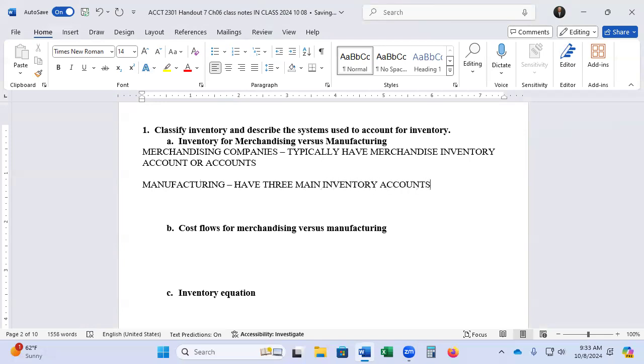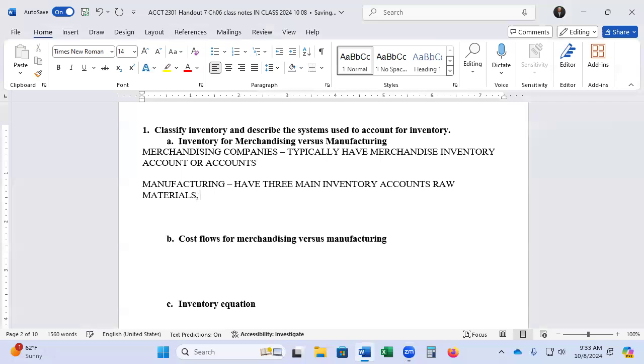And then for manufacturing, they typically have 3 main inventory accounts. You have raw materials, work in progress, could be work in process, same thing, and then finished goods.